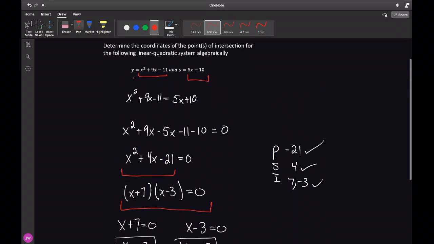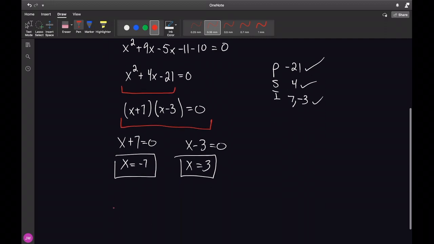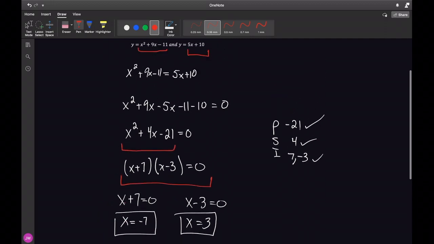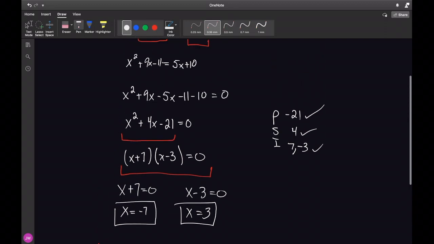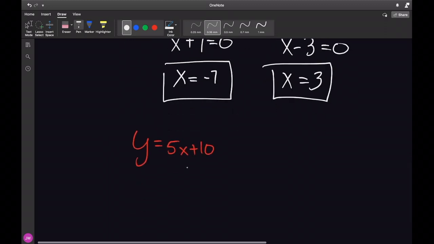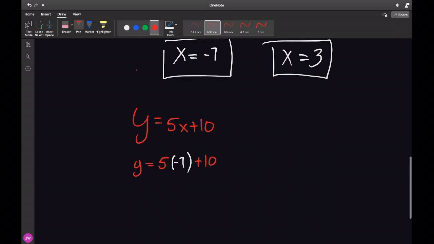So what you're going to want to do is plug these x coordinates back into either one of these equations. So I'm going to pick this linear equation, which is y equals 5x plus 10. I'm going to pick this equation because it's easier to plug these numbers in than into the quadratic one. So plug in the negative 7 here, so y equals 5 times negative 7 plus 10.